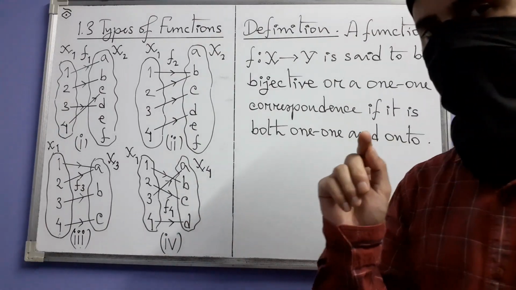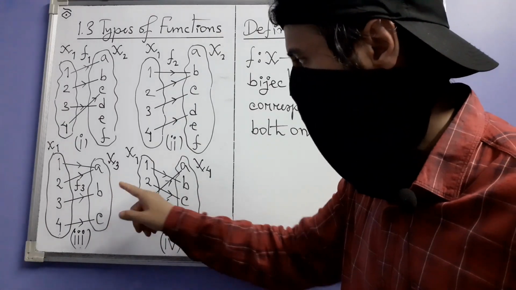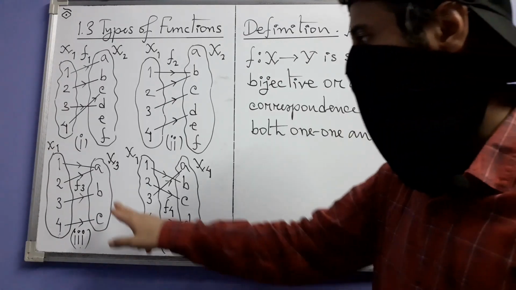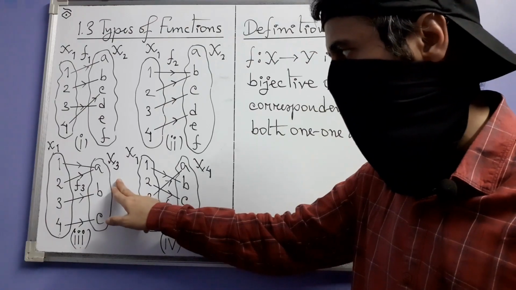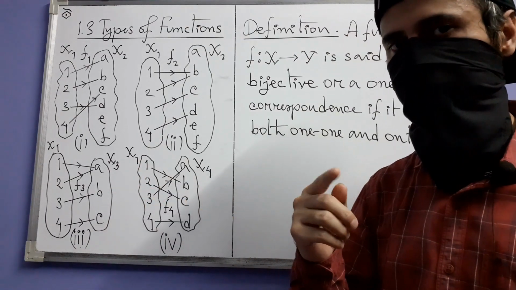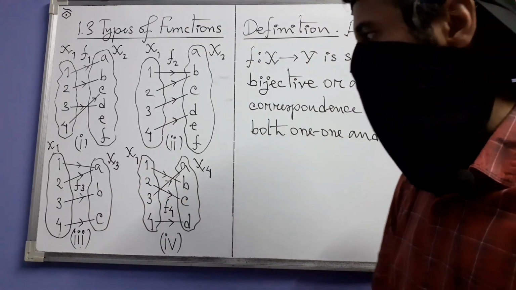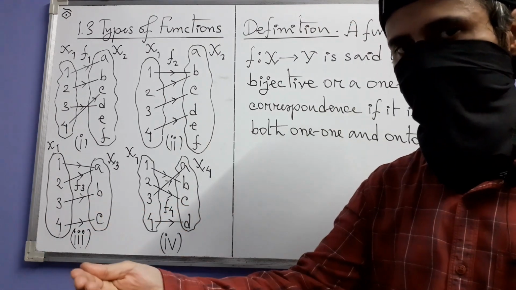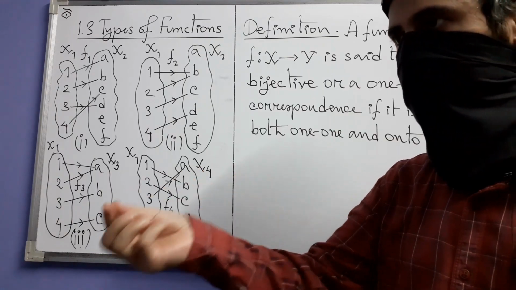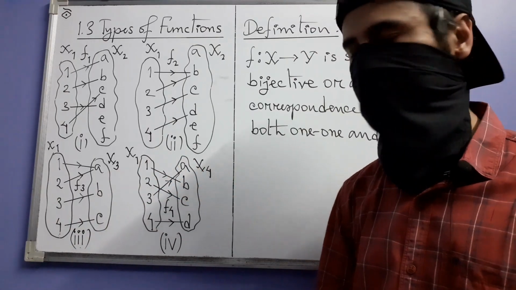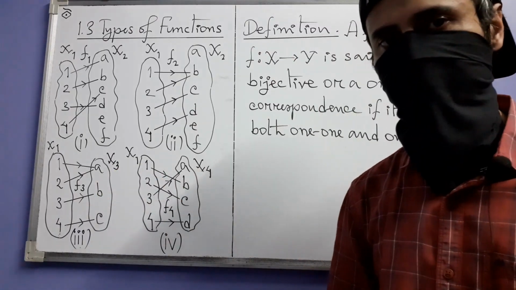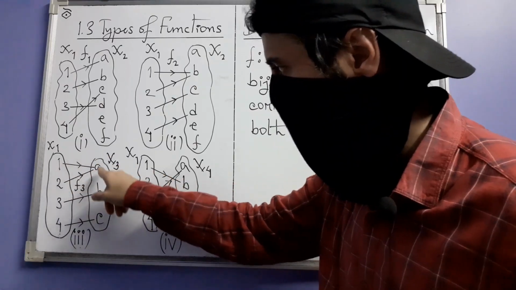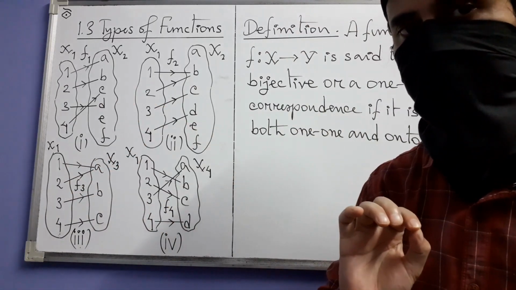Let me draw your attention to one more thing. When you check the condition for onto-ness, what will you do? You will take any element in the second set and see if it is the image of some element from the first set. Now, as far as the existence of an element in the first set is concerned, A and B are of the same nature because each one of them is coming as an output from at least one input.